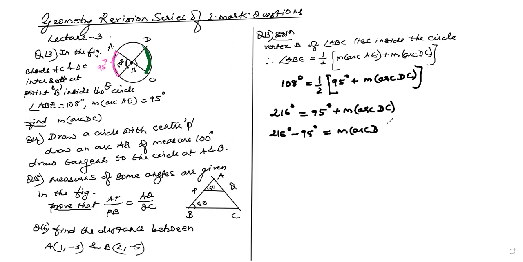When you subtract, 6 minus 5 is 1, 21 minus 9 is 12. So this is 121 degrees. Measure arc DC equals 121 degrees. A very simple sum. I'm sure everybody has understood it.